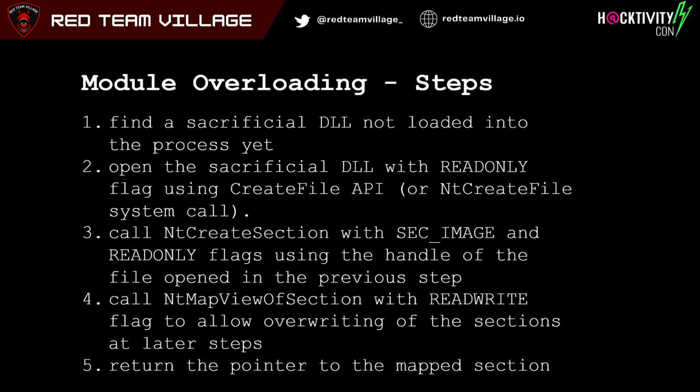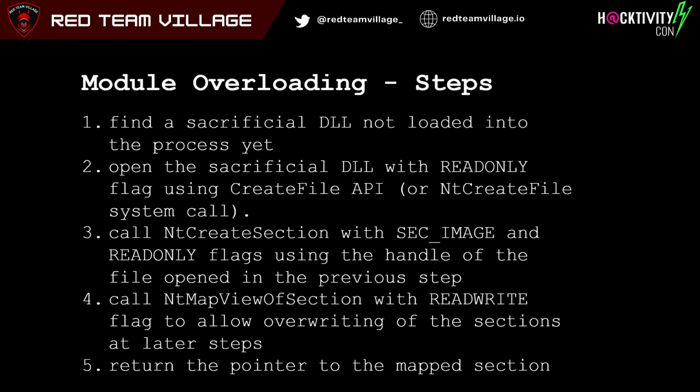The steps for the module overloading technique are the following. We first need to find a sacrificial DLL which is not loaded into the process yet. This is crucial. The DLL must not be already loaded into the process address space. And also, the size of this DLL must be greater or equal to the size requested for the allocation.